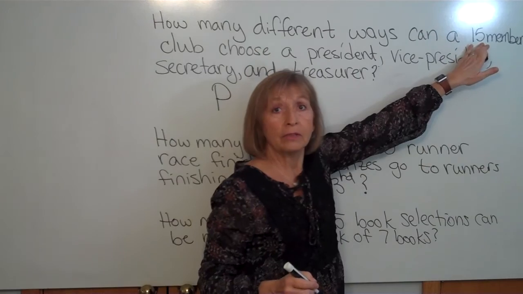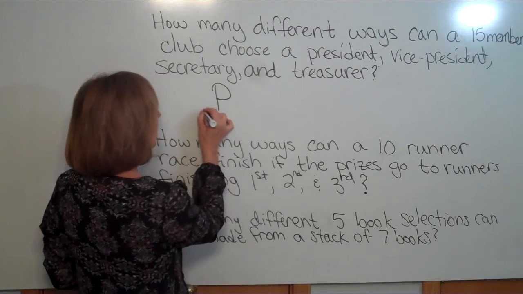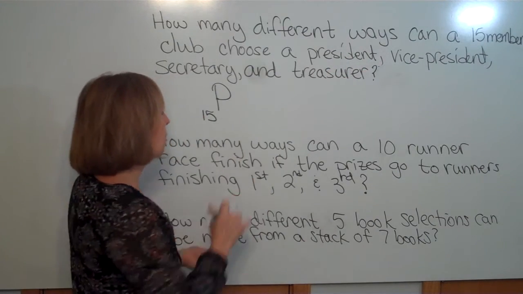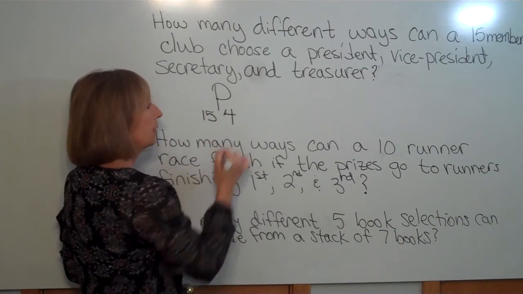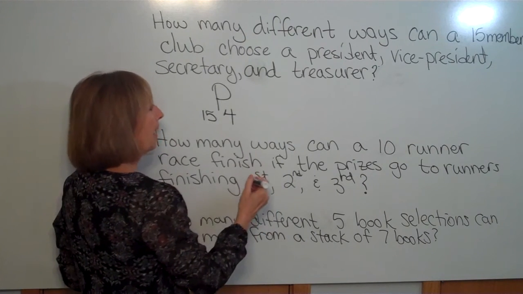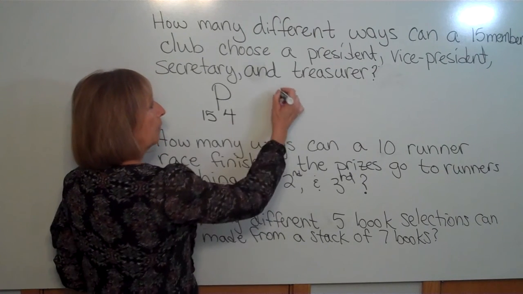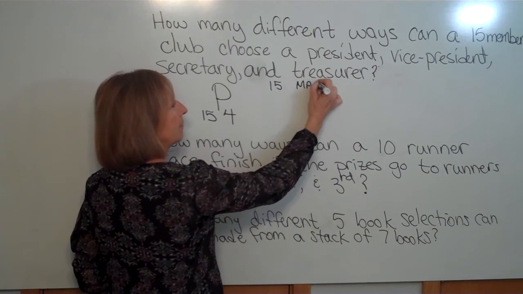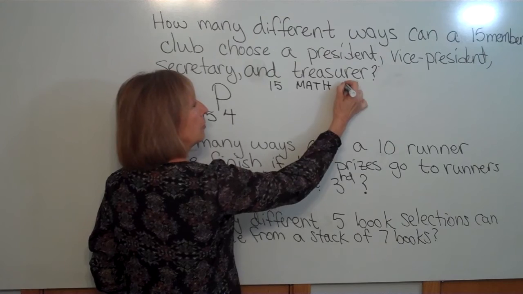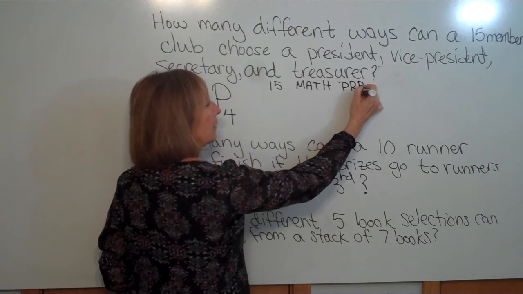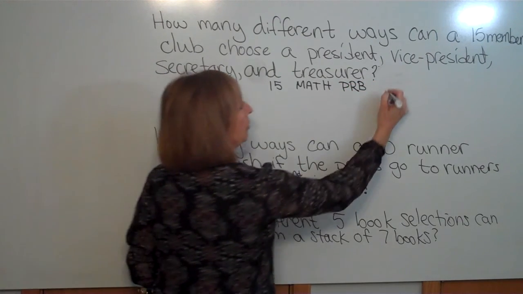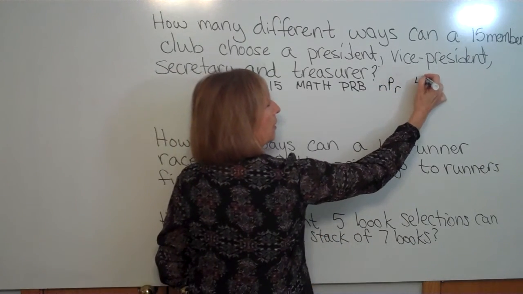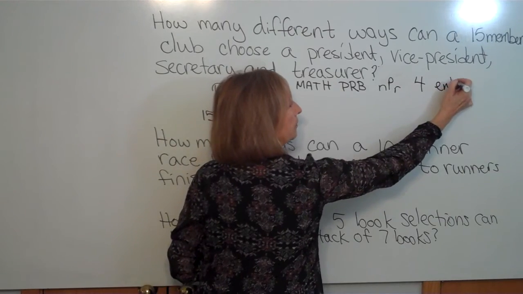There are totally 15 members in the club, and I am picking 1, 2, 3, 4 of them. So if I look at it by my calculator, I would put in the 15 and then push the math key and then cursor over to prob, and then I cursor down to nPr, and then hit the 4 and enter.